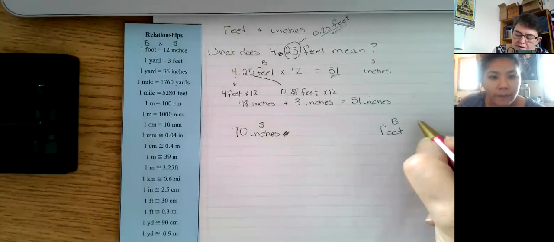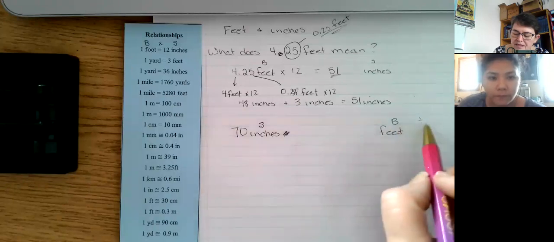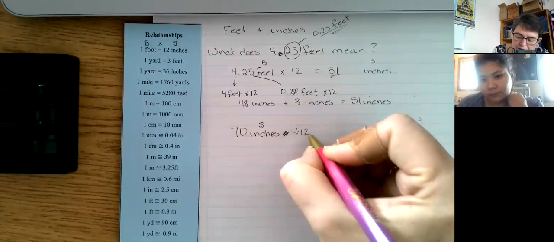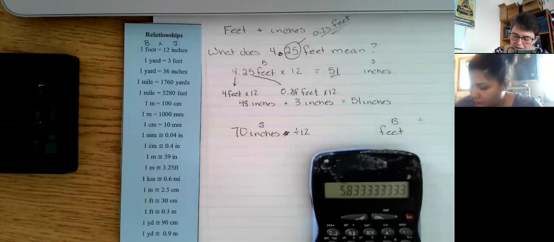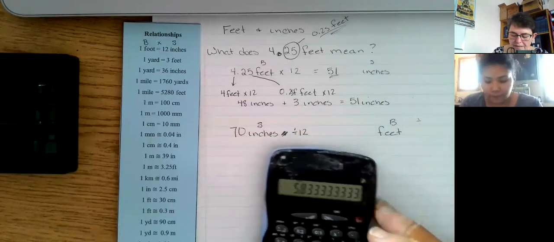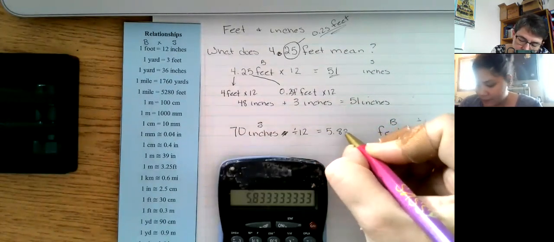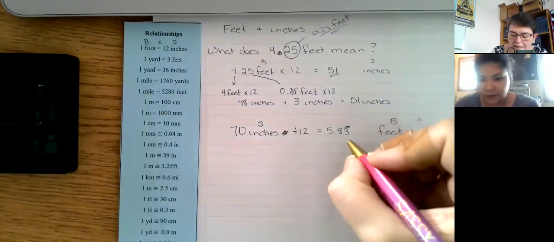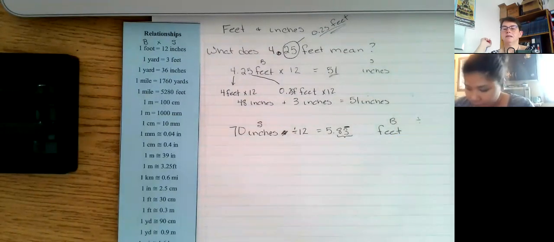So we're going to divide. So 70 divided by 12. Oh, 5.83 repeating feet. And again, this is part of a foot. It's not inches.